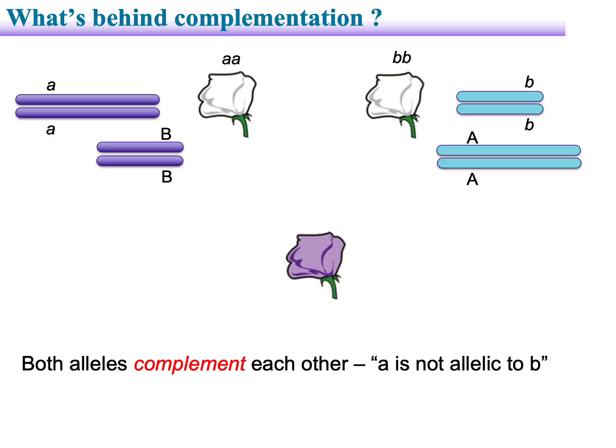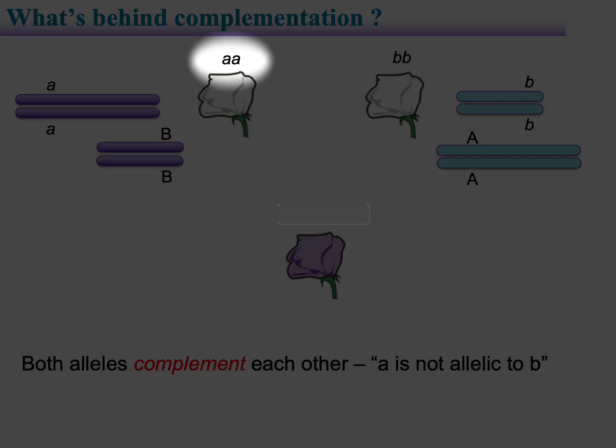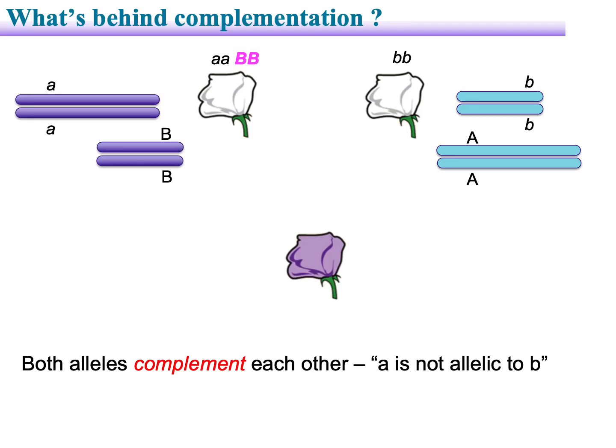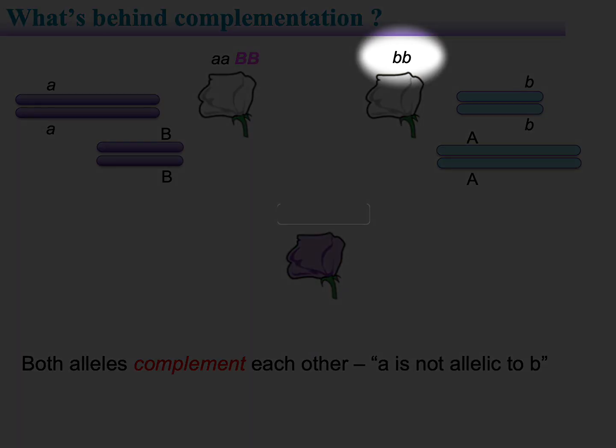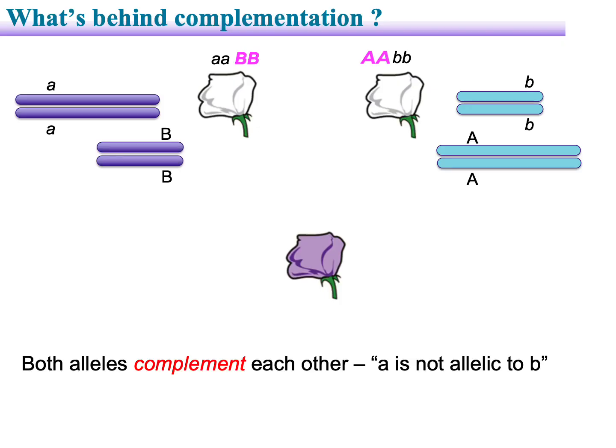So, for the A mutant plant, we'd normally write lowercase a, but in reality, we should write lowercase a, and then uppercase B to indicate that both copies of that gene, whatever that gene is, are normal. It's the same for the mutant B plant. We would normally write double lowercase b, but this plant in reality is double lowercase b and double uppercase A.